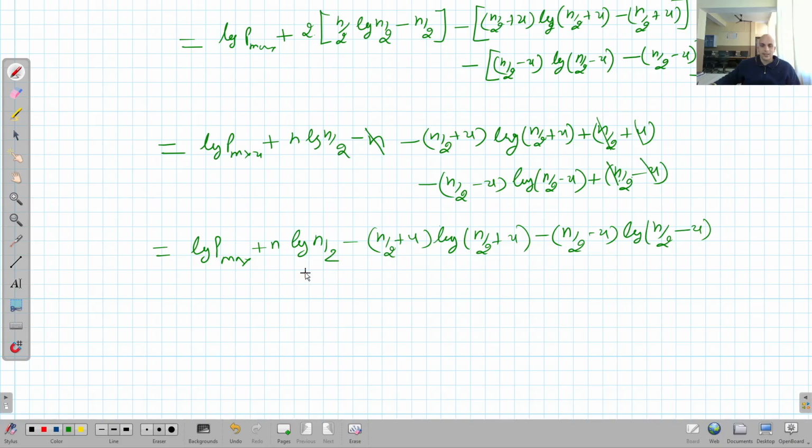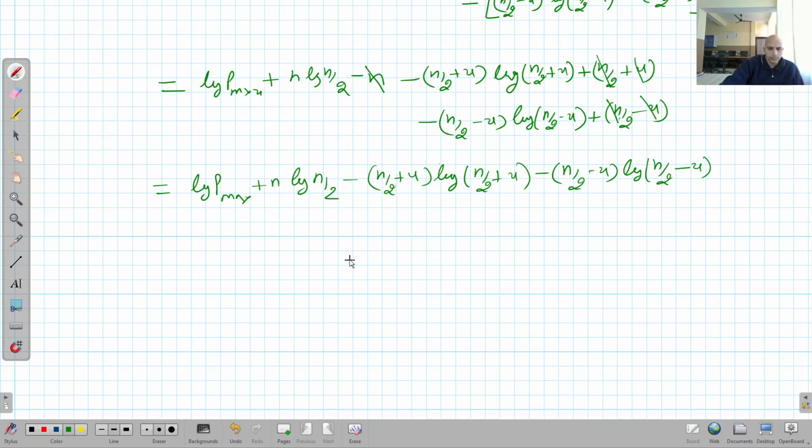Now in the next step, I will take n/2 common outside the bracket for some terms, then this equation will change. Log p maximum, plus n log of n/2, minus... Now here I want to simplify the term n/2 plus x inside the bracket.